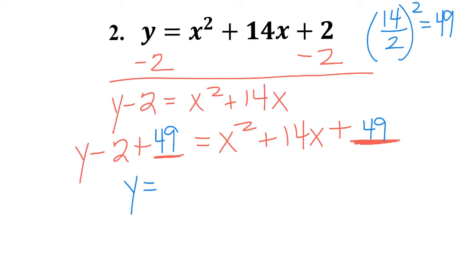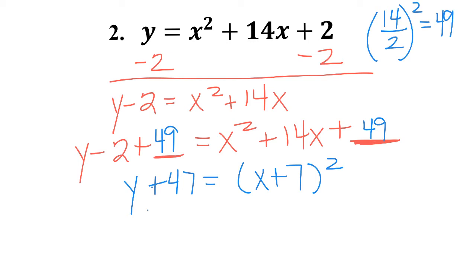Let's erase that. Not y equals, but y plus 47 equals, and we're looking for the factors of 49 that add to 14, and they should be the same, 7 and 7. So x plus 7 squared is our perfect square trinomial.